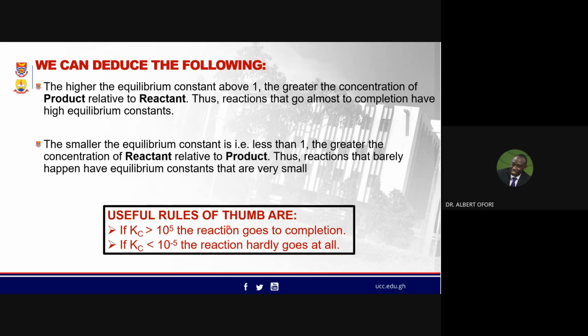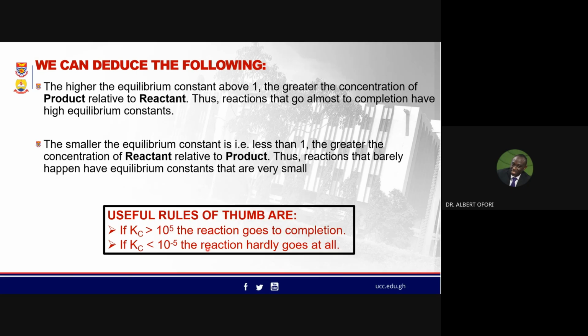I'm quoting this figure; some say more than 100, some say more than 1,000. The point is that when it is greater than 1, it goes to completion. When it is less than 1, it is hardly going to go at all because the reactant is favored.